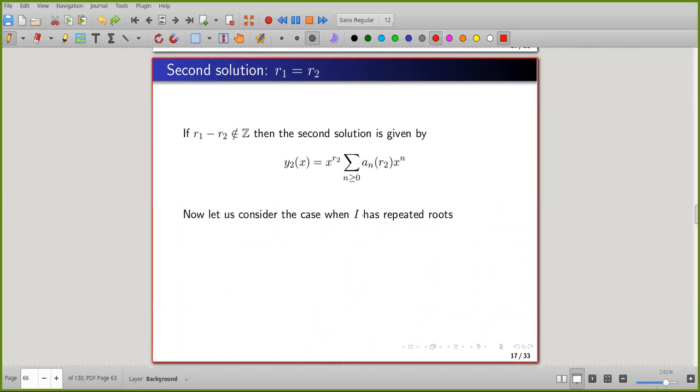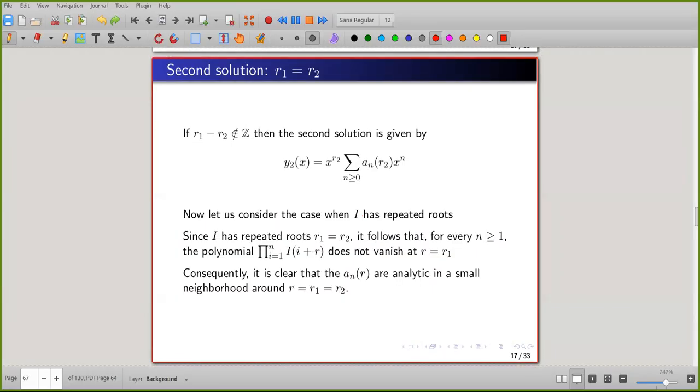Let us consider the case when I has repeated roots. Since I has repeated roots, r1 is equal to r2, it follows that for every n greater than or equal to 1, the denominator does not vanish at r equal to r1. So it is clear that the A_n(r) are analytic in a small neighborhood around r equal to r1 equal to r2.